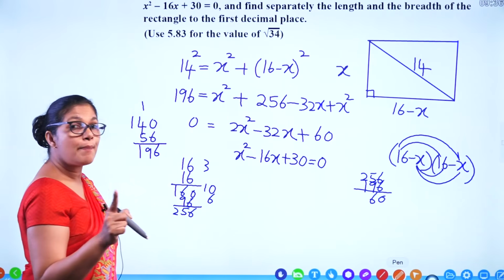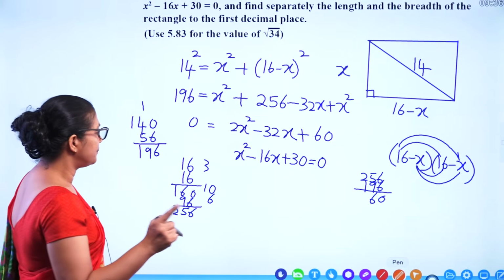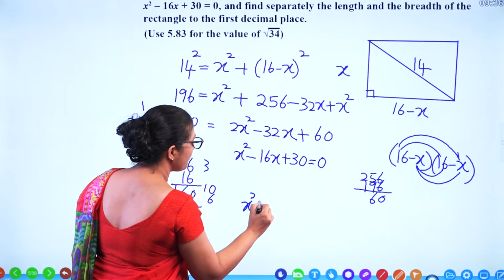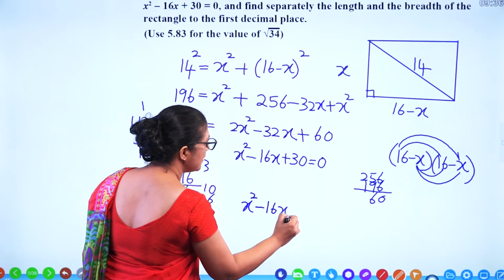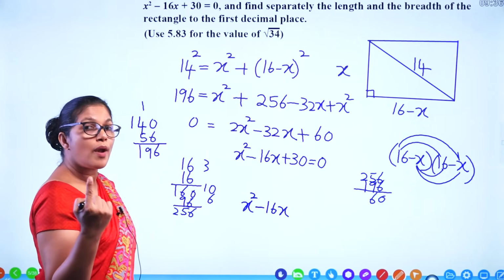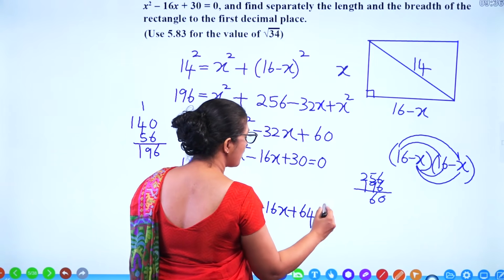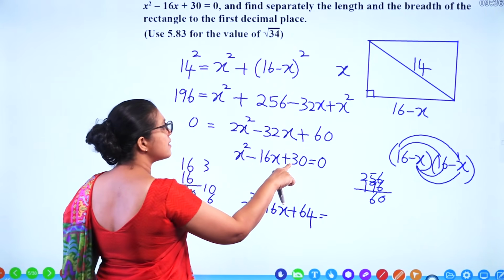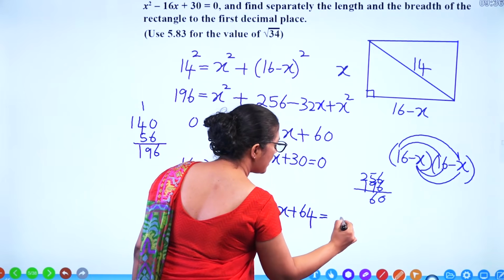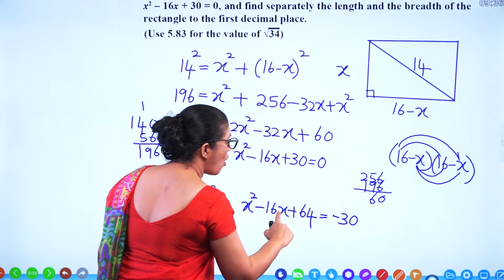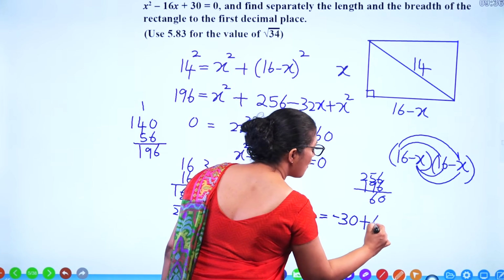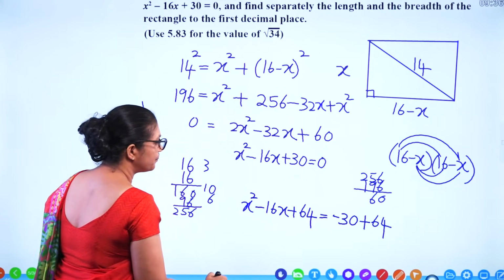Divide the middle term by 2 and square it. That means 8 squared is 64. So you have to add 64 to get a perfect square. When you take 30 to the other side, that's minus 30. In order to get no difference, you have to add 64.